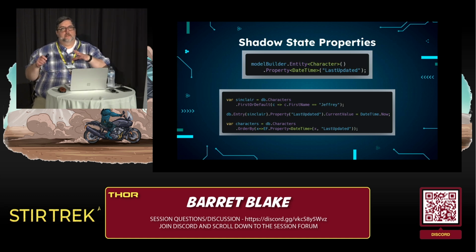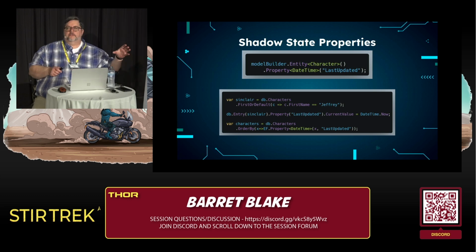I don't want my character class, my character entity in .NET to know that the last updated field exists, but I still want to be able to access or update that information as needed, maybe from an administrative interface that has access to things that aren't available to the application as a whole or to client applications that might be accessing your application.